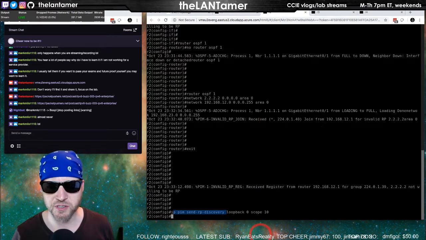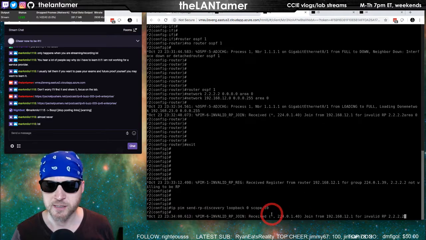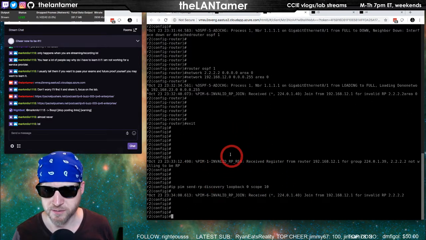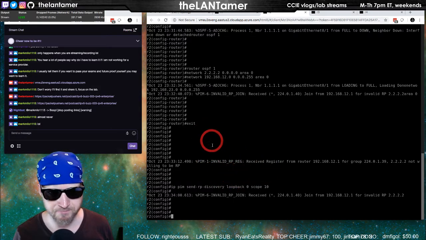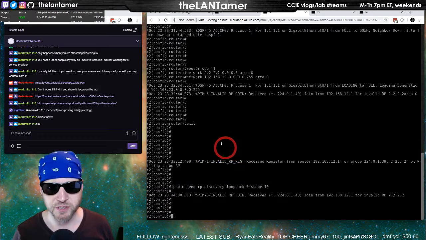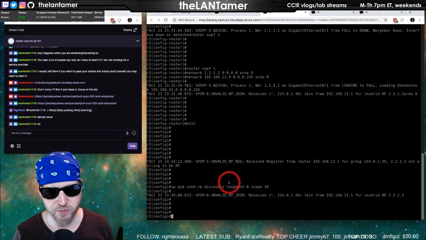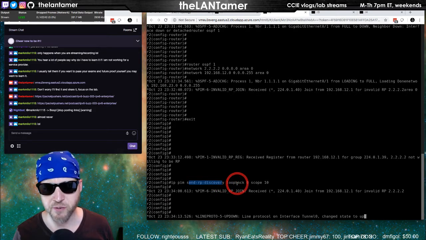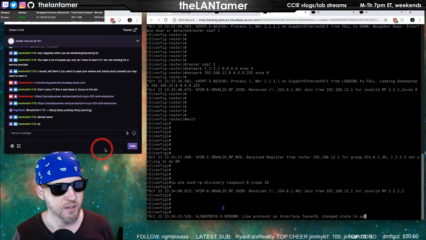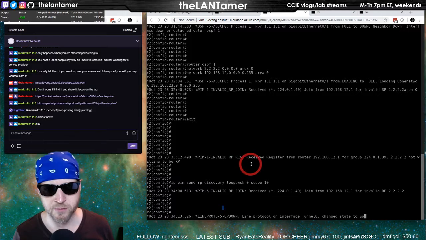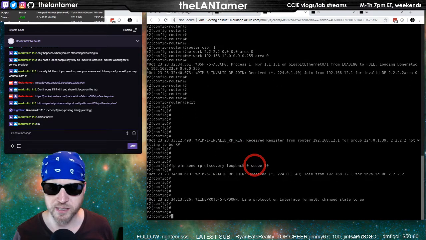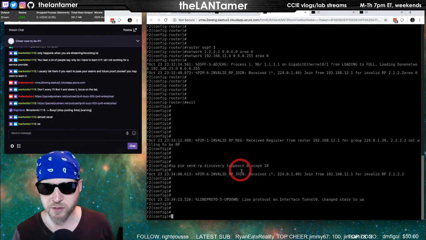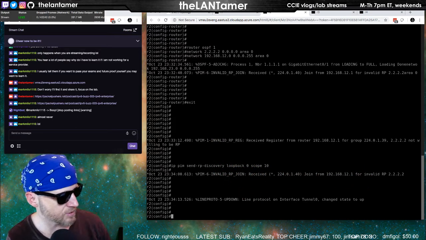So if you're not running dense mode, if you're only running sparse mode, then the other routers, if they're not on the same segment, are not going to receive these auto RP discovery messages from the discovery routers. That is one reason why a lot of times auto RP is deployed with sparse dense mode. In this case, though, we're only doing sparse mode.